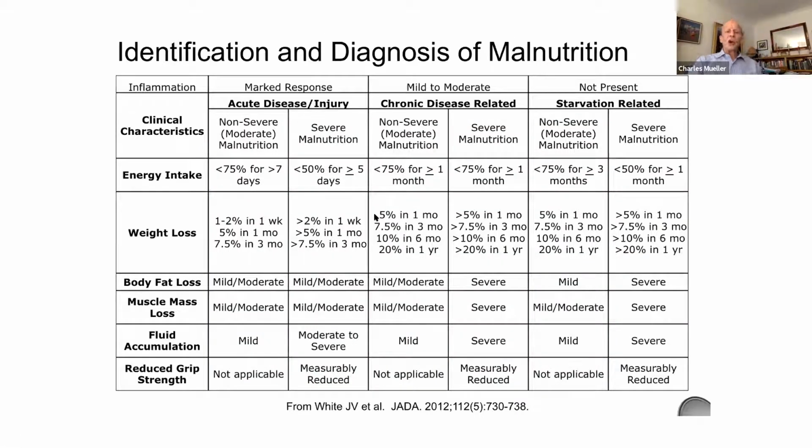I'm going to speed along. We have some consensus papers that were published in 2012 in the formerly called Journal of the American Dietetic Association to look for attributes of the three different acute, chronic, and starvation-related malnutrition categories.